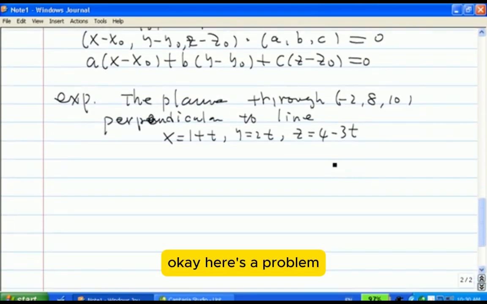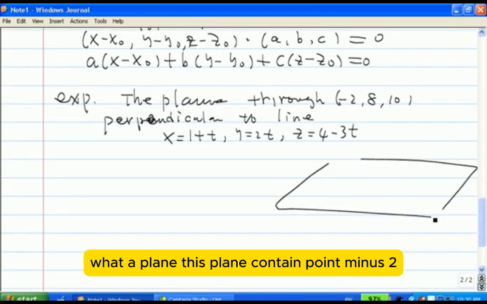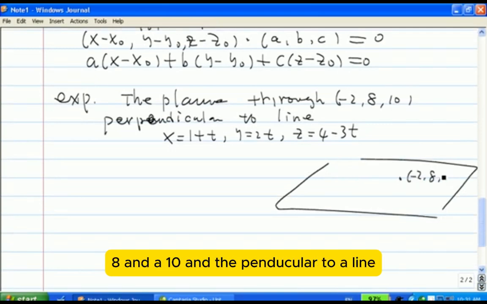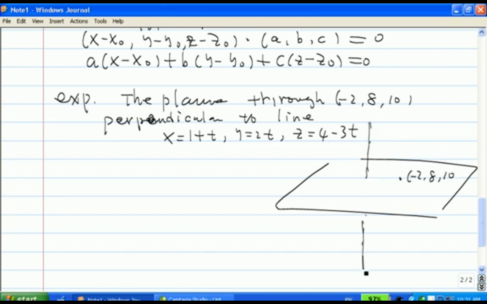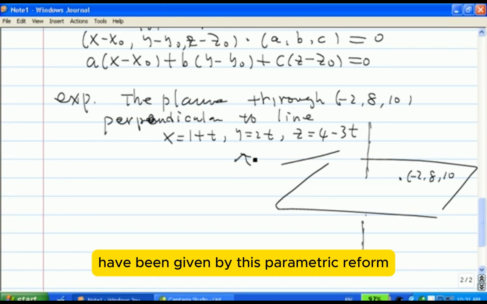Okay, here's the problem. We have a plane. This plane contains the point (-2, 8, 10) and is perpendicular to a line. The equation of the line has been given in this parametric form.